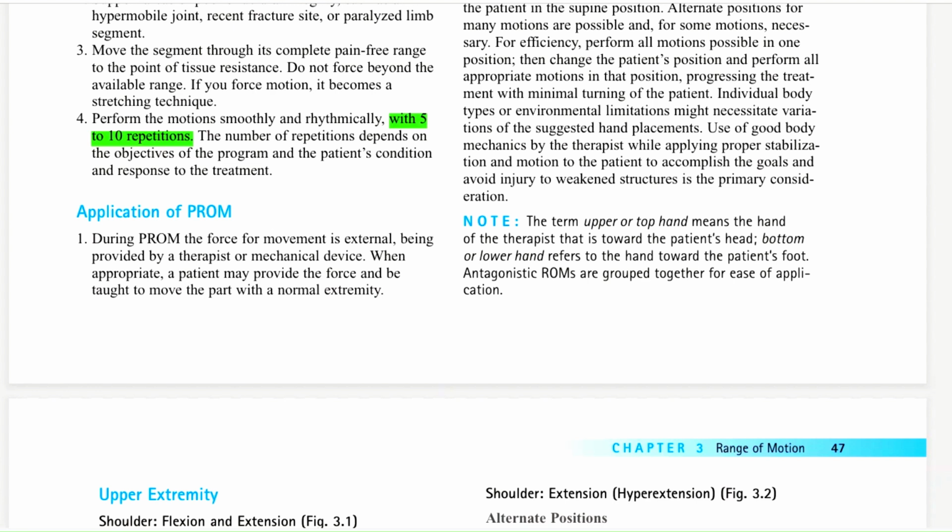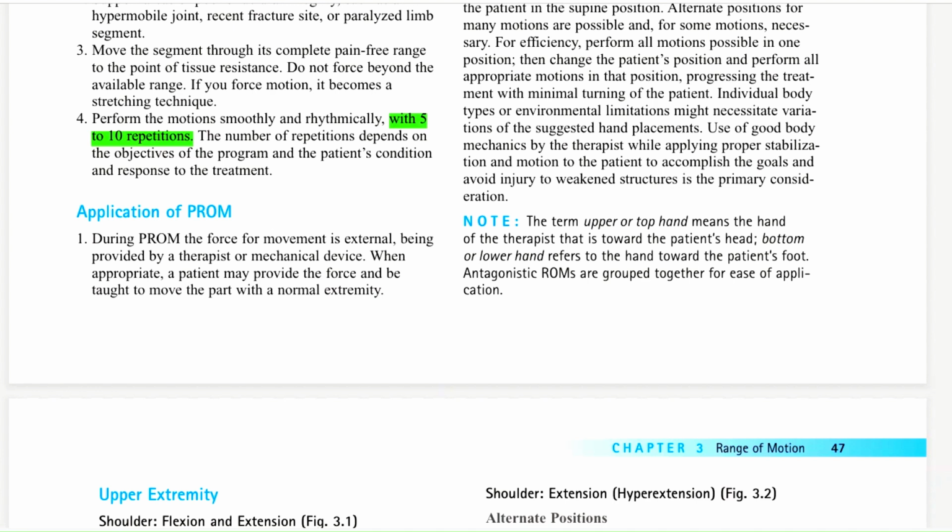The second one is gravity neutral or gravity eliminated, like in a position where the limb moves horizontally, like shoulder abduction in supine. The gravity is already eliminated because the patient is in the straight lying position, so gravity is eliminated with the help of your bed.